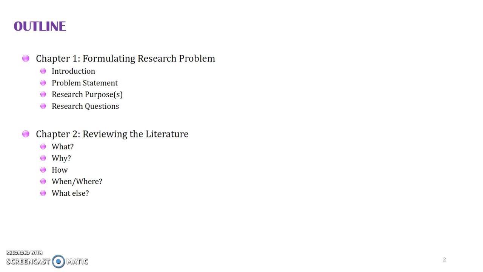For this lecture, we're going to look at the definition of literature review, what literature review is about, why we conduct literature review, how we do that, what mechanisms are available out there, and where to locate your research literature.